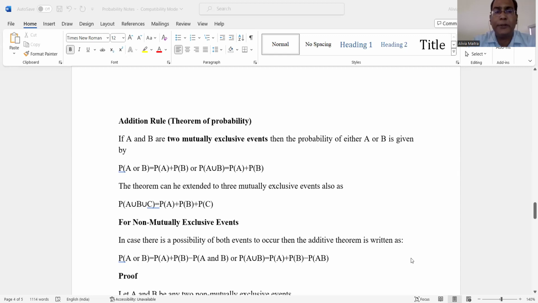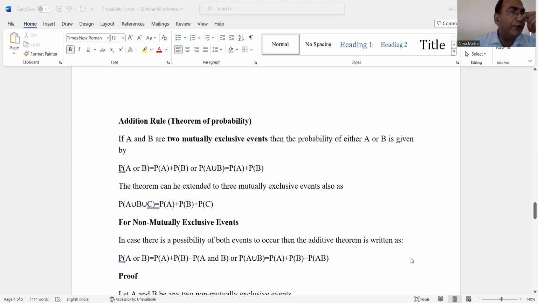Again, I'm telling you this. Two events are called mutually exclusive when the two events cannot occur simultaneously. It means the two events cannot exist simultaneously. For example, when we throw a coin, there are two possibilities: one is head and the second is tail.